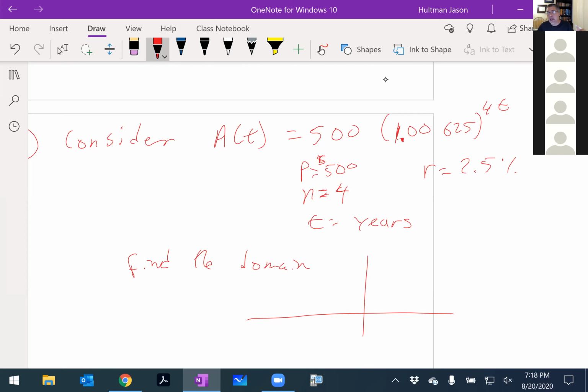Can I let time be negative? Well, yeah, I actually can. Okay, so I can let time be negative. So what's the domain here? What's t? T is going to go from negative infinity to infinity.